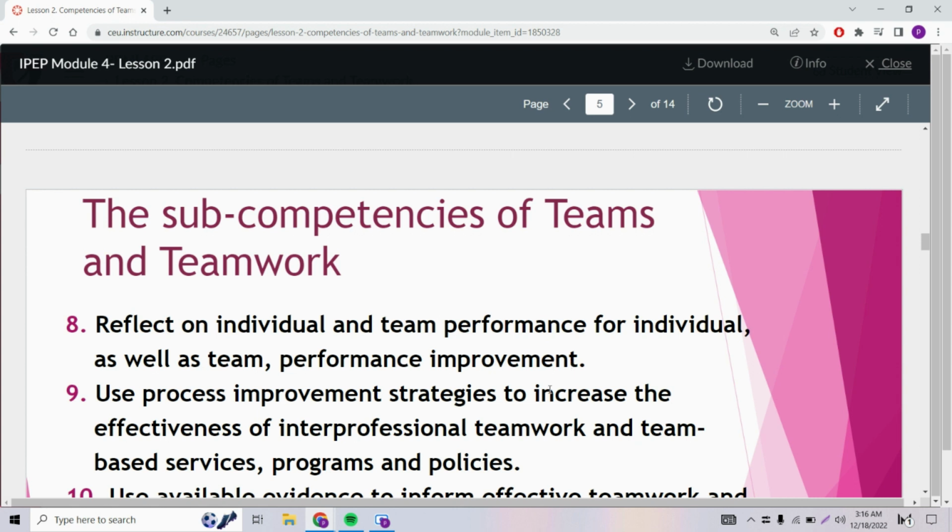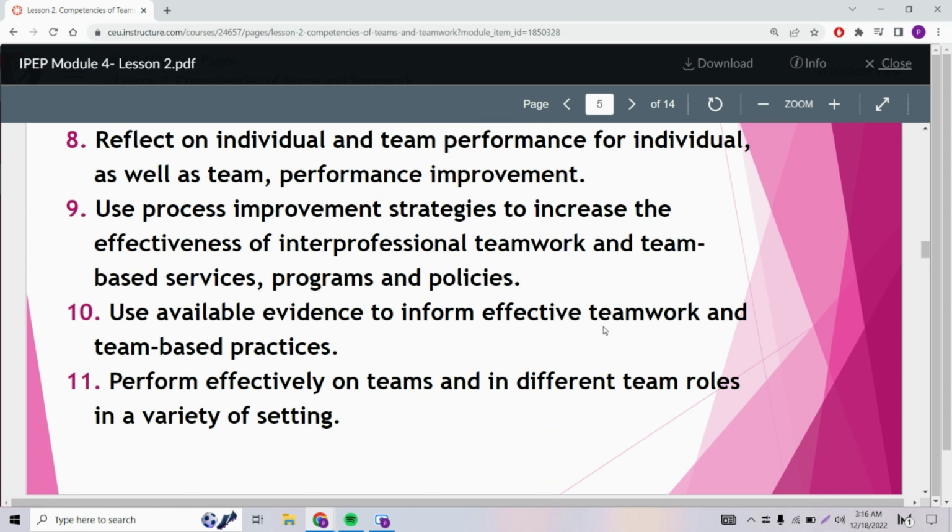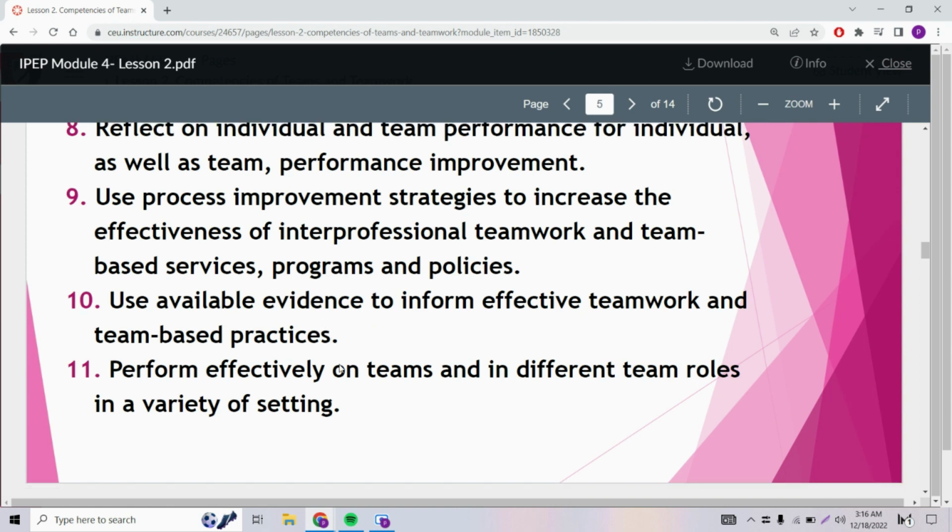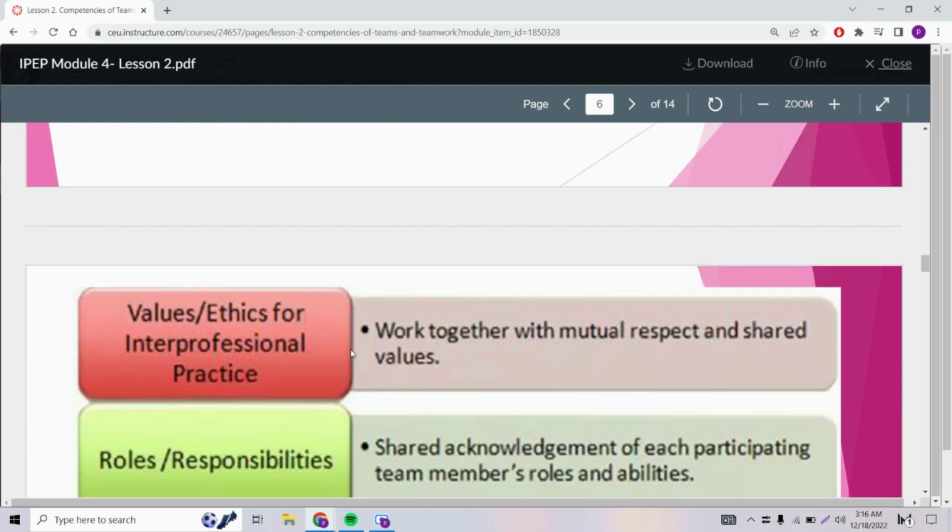Use process improvement strategies to increase the effectiveness of interprofessional teamwork and team-based services, programs, and policies. Use available evidence to inform effective teamwork and team-based practices. Perform effectively on teams and in different team roles in a variety of settings.